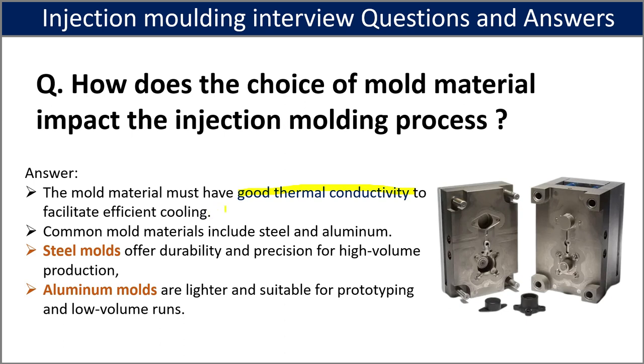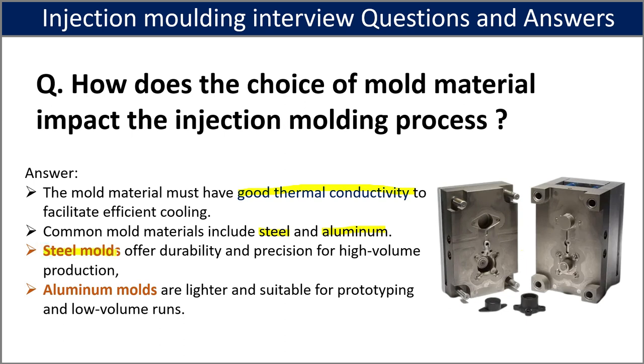So our mold must have good thermal conductivity so that it can release the heat from the mold. The common materials we use for the mold are steel and aluminum.